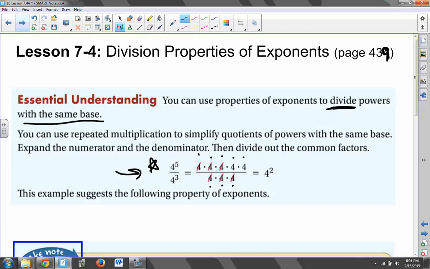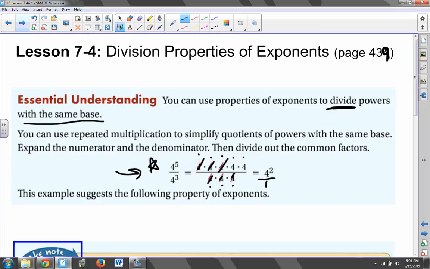So in order to simplify this down, there are lots of things that we see both in the top and bottom of our fraction, so we get to cancel all of those out. So you can see we've canceled this 4 with this 4, this 4 with this 4, and this 4 with this 4. Now, what are we left with on the bottom? Well, nothing. We've canceled everything out. So the bottom of our fraction is just a 1. What are we left with on the top? 4 times 4, which we know really is 4 squared.